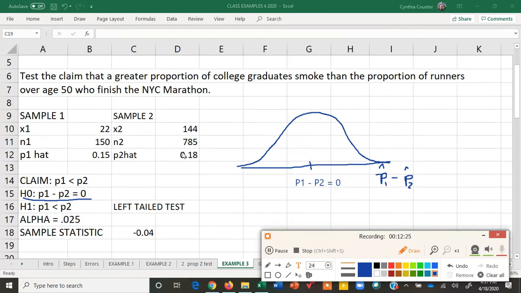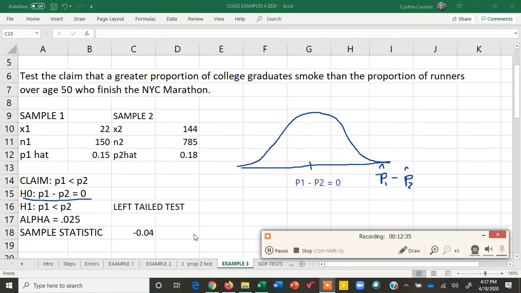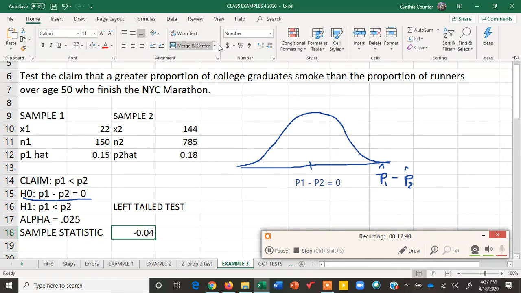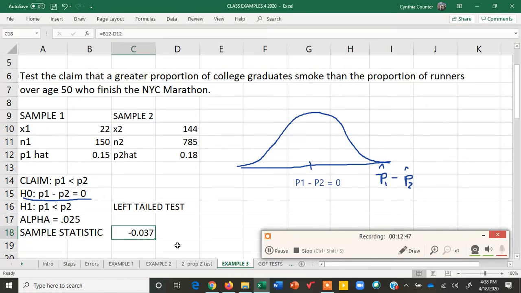Now, we had said the difference here was about 3%, but it looks like when you round it, it rounds up to 0.04 or 4%. So that's interesting. Just because I am curious, I am going to see the additional decimals. See, 3.7%. Okay, so we have a sample statistic that is to the left of the assumed mean of the sampling distribution.